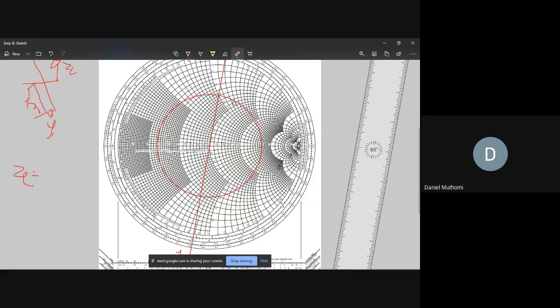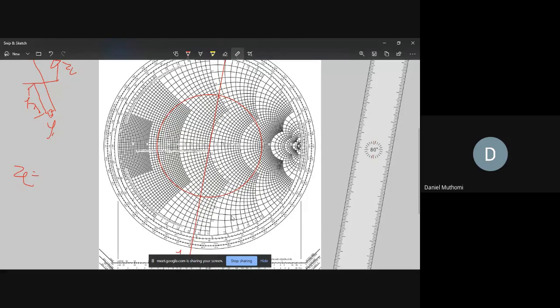So you look for the intersection point between your constant VSWR circle and this complete circle where R, or rather G in this case, is equal to 1.